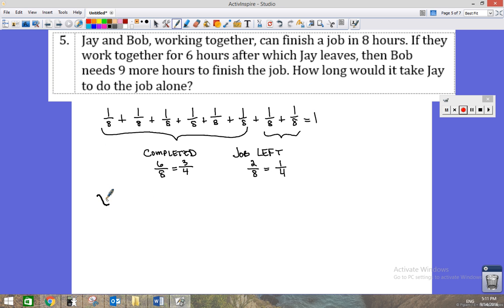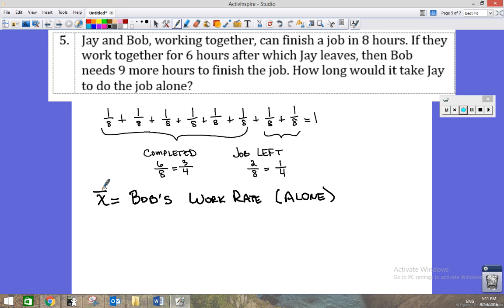X is Bob's work rate when he's working alone. Or actually, I guess I should say, really technically I should let X be the number of hours that Bob needs to complete the job, and then his rate is 1/X.